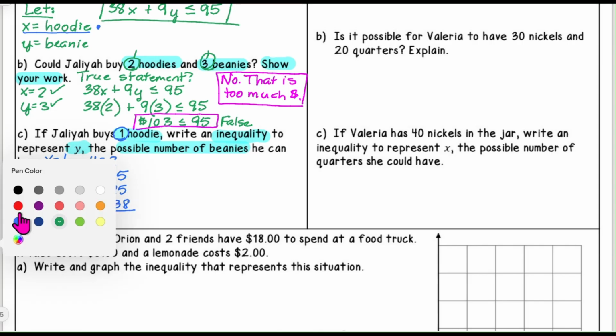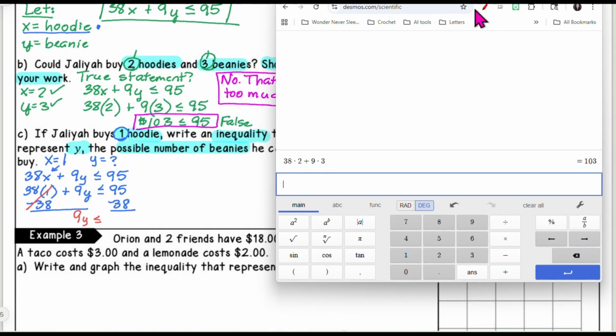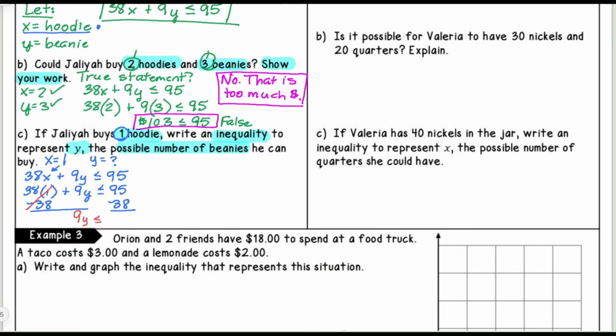This cancels. And I've got 9y is less than or equal to 95 minus 38. I could subtract that by hand, but I'm going to go ahead and just grab my calculator because we're allowed to. So 95 minus 38 gives me 57.